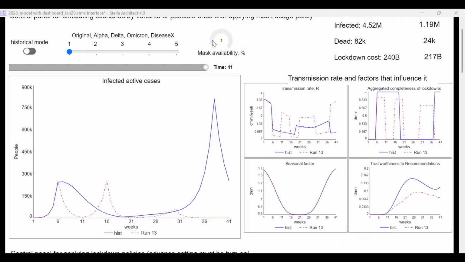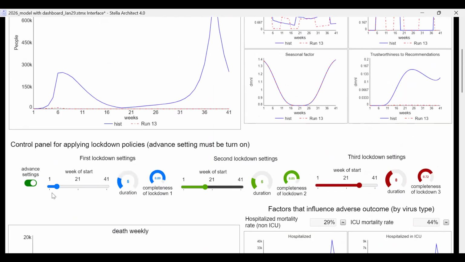So that's the first lever we actually can apply here. By changing the mask availability, we reduce the number of infected people. You might ask me why the graph doesn't change. Simply because we have lockdown switched on, so let's switch them off for now.